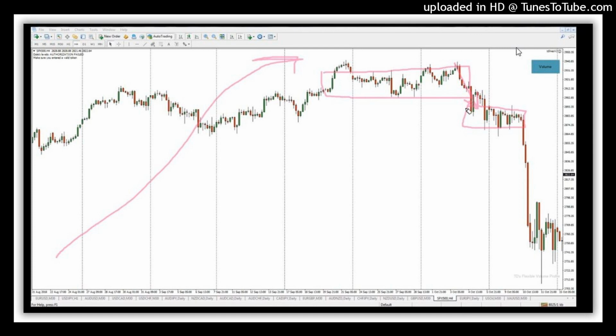After this trend, there was a rotation. Price reacting, as I already said, to volumes in here, and also to this resistance, which became support.